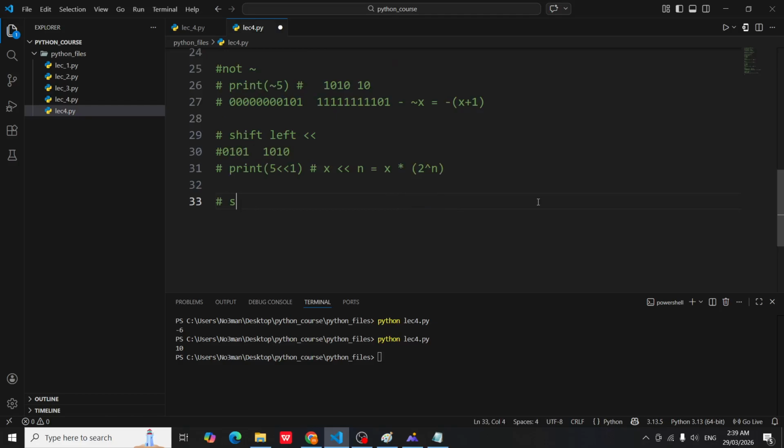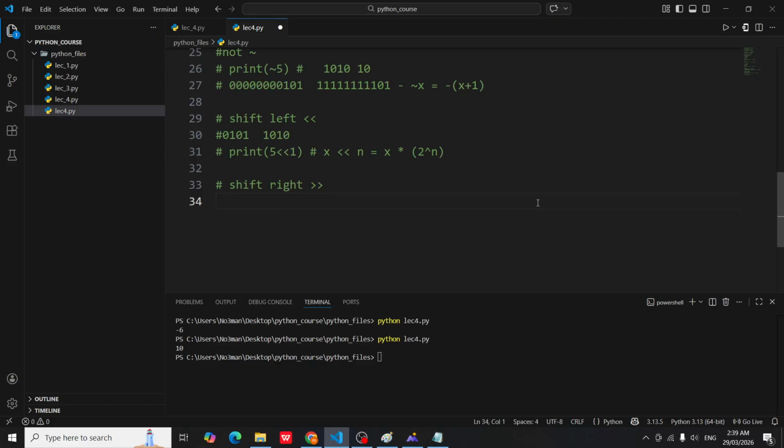The other operator is shift right, to take this sign. Shift right is the opposite of shift left. So if we have number 5, 0 1 0 1, it will move to the right.